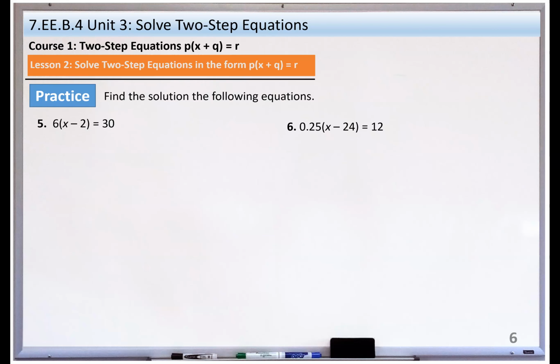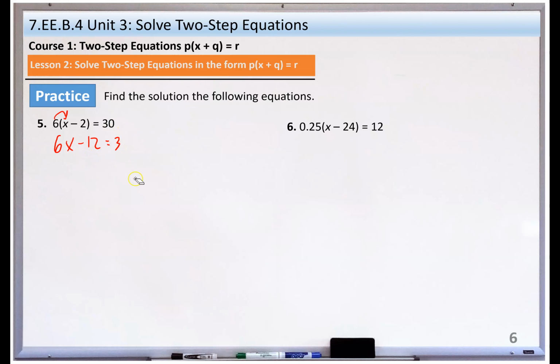All right, so we have the first problem. 6 times the difference of x minus 2 equals 30. So we're going to distribute the 6. 6x minus 12 equals 30.